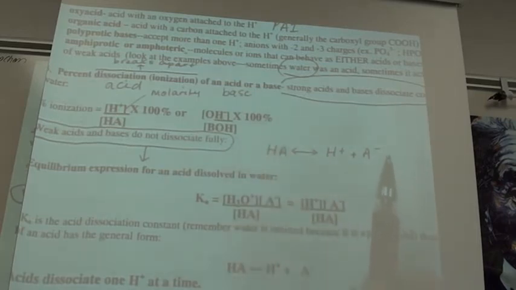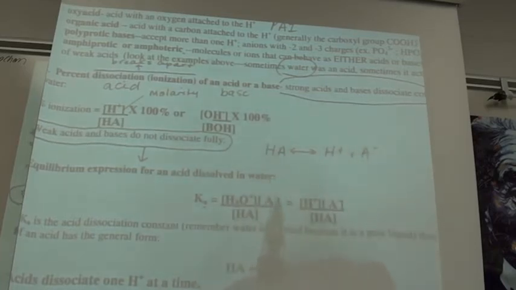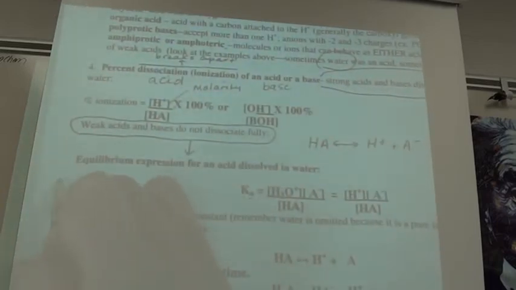So if you have an equilibrium association expression, you can also have an equilibrium constant for acids. That would be the products over the reactants. These are equivalent. All of this work is happening in water. We're leaving the water out. Why? Because it's pure liquid.